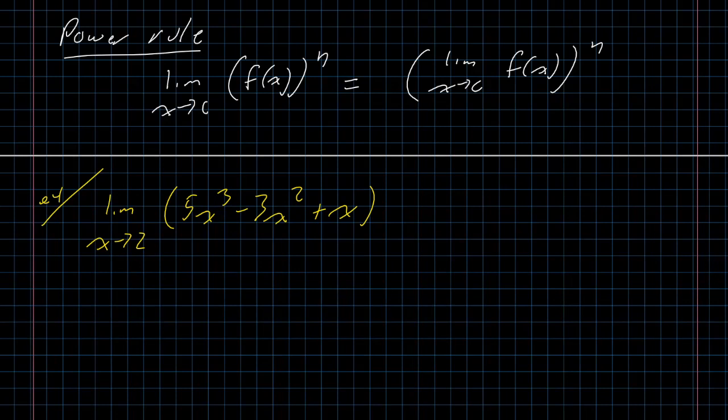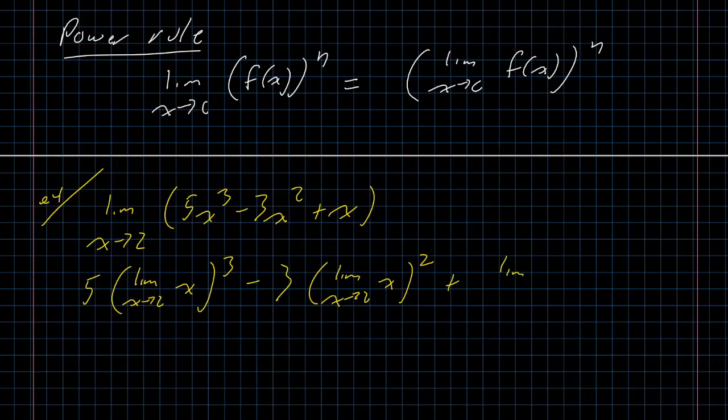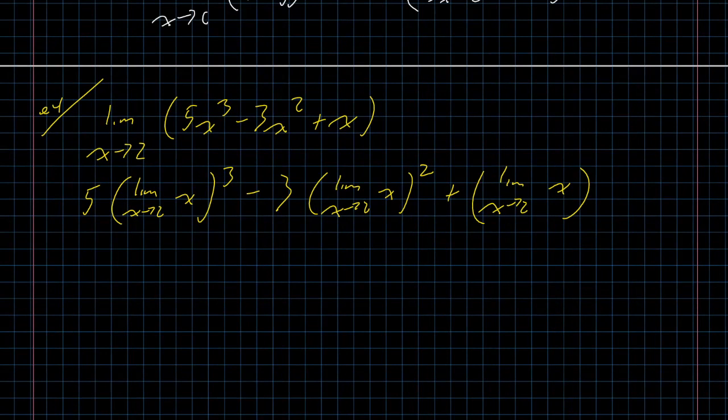Using the power rule, we can get inside the exponents, and we can write this as 5 times the limit as x approaches 2 of x cubed minus 3 times the limit as x approaches 2 of x squared plus the limit as x approaches 2 of x. And then using the identity rule, the first one we looked at today, the limit as x approaches 2 of x is in fact 2.